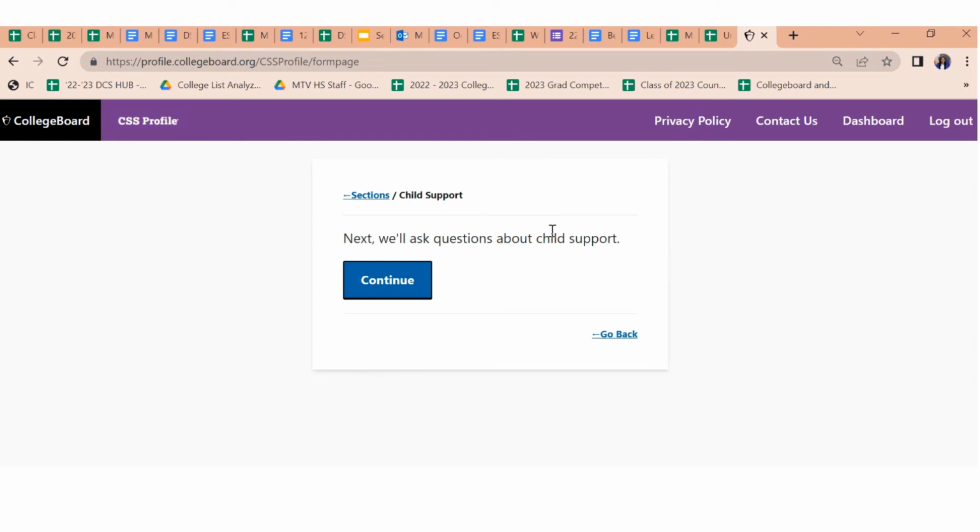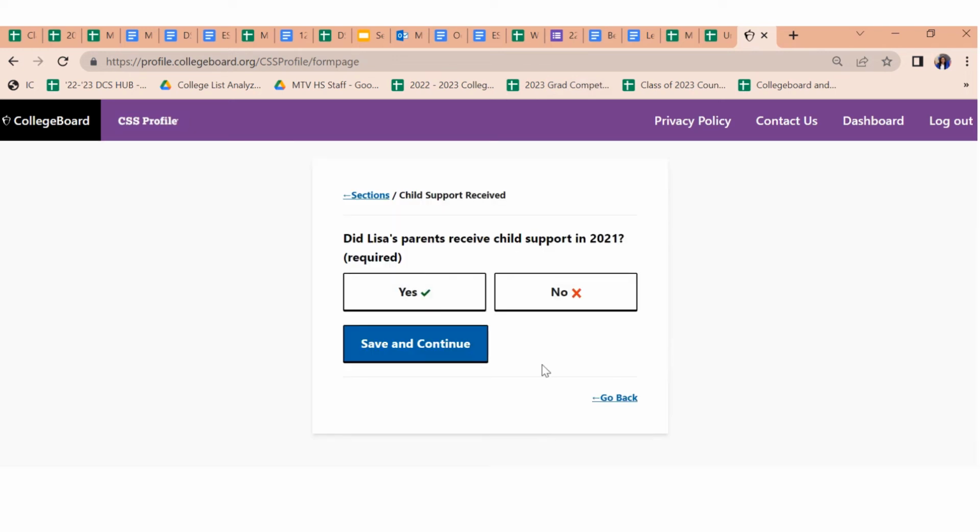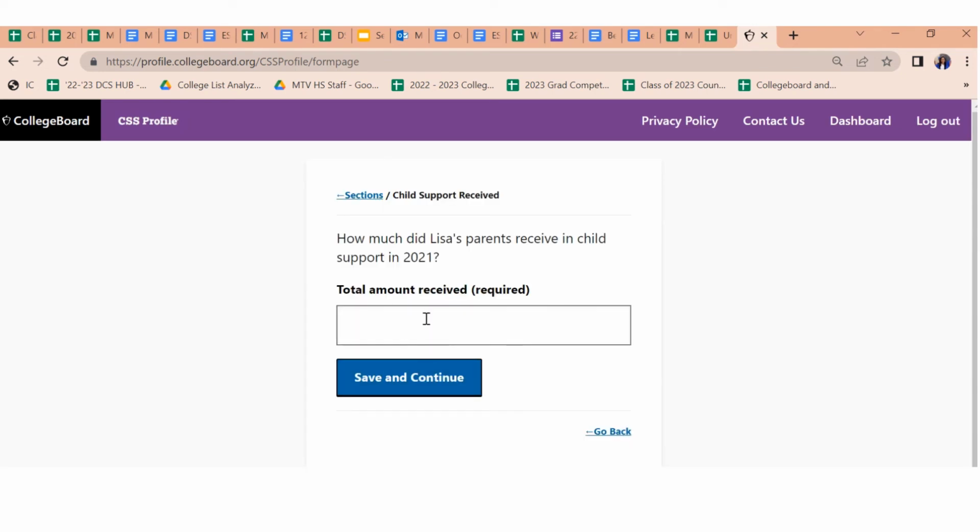And then they're going to ask some questions about child support. And you'll see this is required, but this is asking, did you, the parent, receive child support in 2021? So select whichever one is applicable. If you select yes, you will probably be prompted to enter the total amount received in the year 2021.